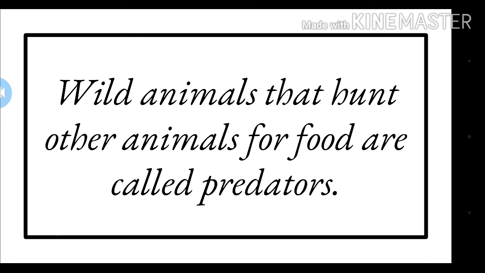These wild animals or the carnivorous animals that hunt other animals for food are called predators. See, when some animals search for their food, in the same way, these wild animals hunt other animals for food, and these animals which hunt other animals for food are called predators.